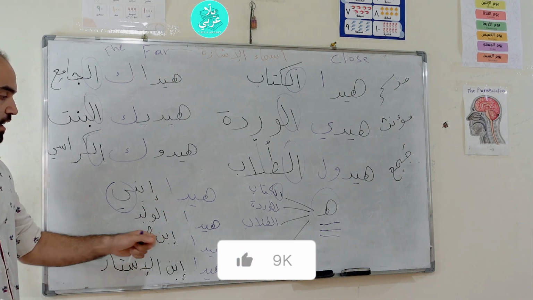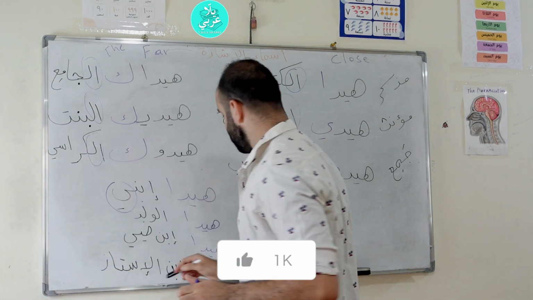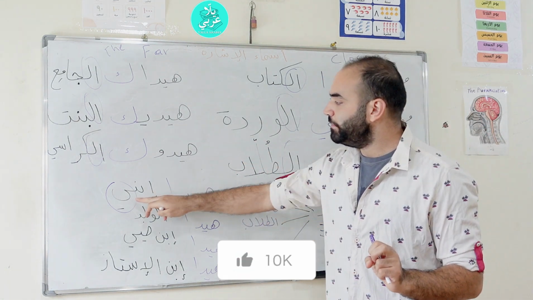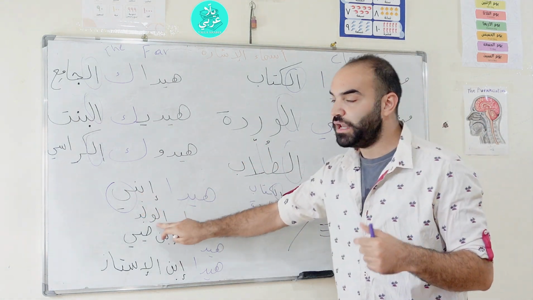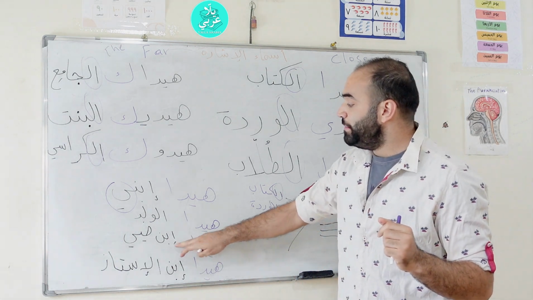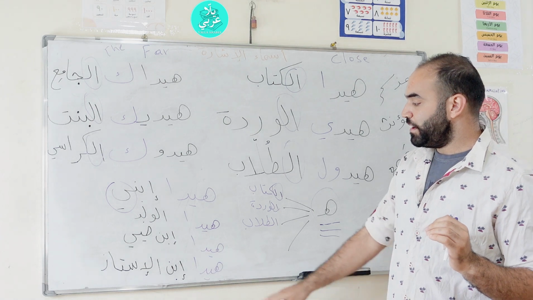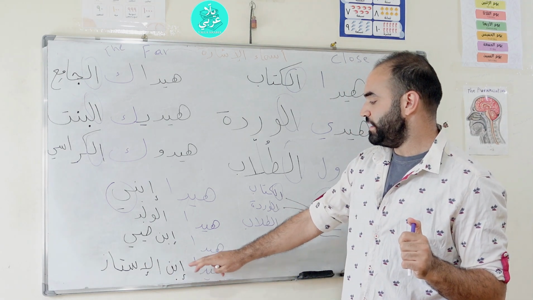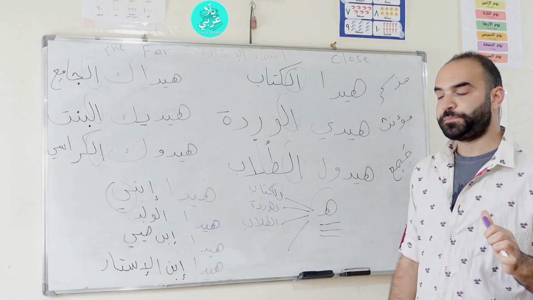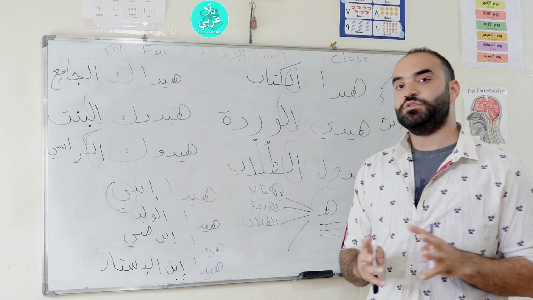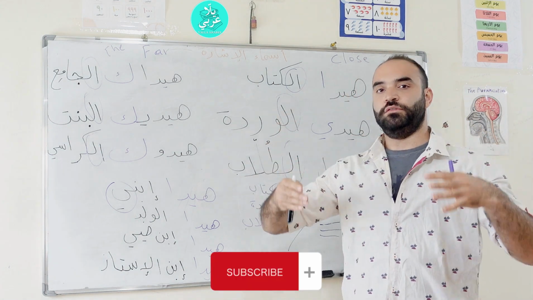You see, in all cases it should be known. هيدا ابني, my son. هيدا الولد, this is this boy. هيدا ابن أخي, this is the son of my brother. هيدا ابن الأستاذ, this is the son of the teacher. So you see, in all cases it's known after the demonstrative nouns.